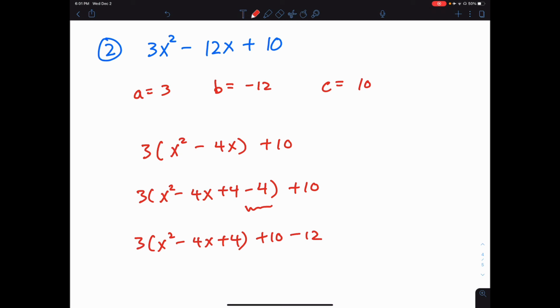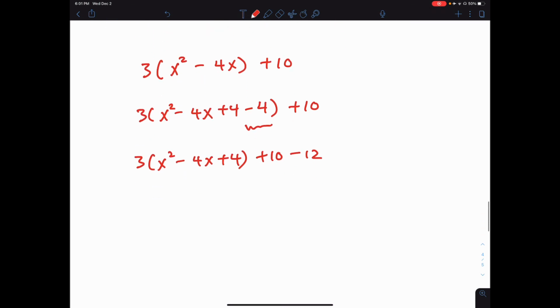Now I can complete the perfect square. For this trinomial, I can just drop the power of 2. So we get x, and then we take half of the b value, which in this case would be -2, close it, put the square on top. Again, you can expand this if you want to double check that it comes back to the previous step.